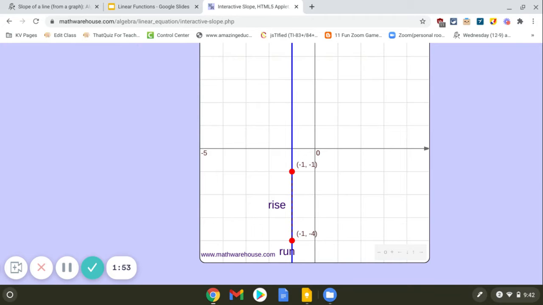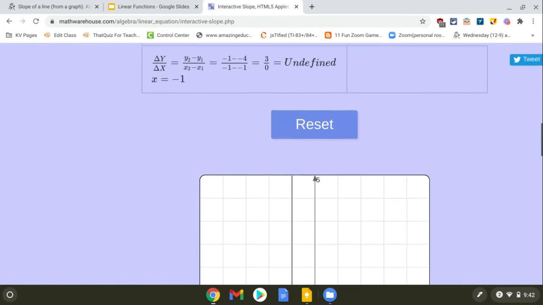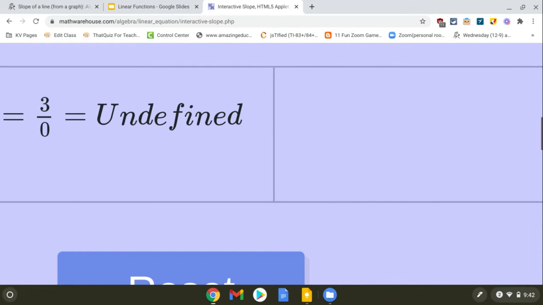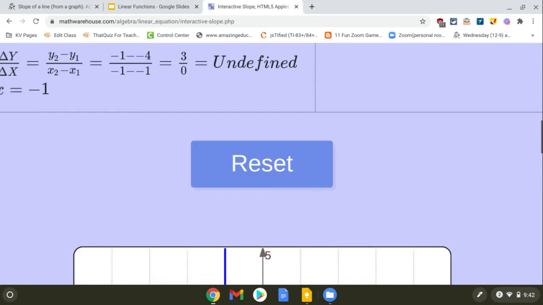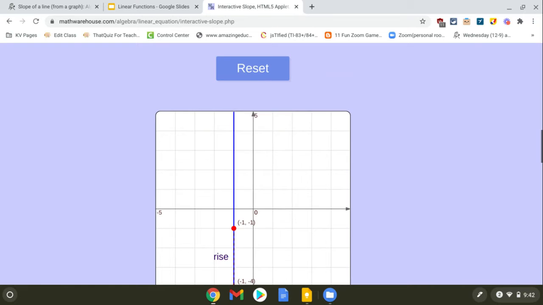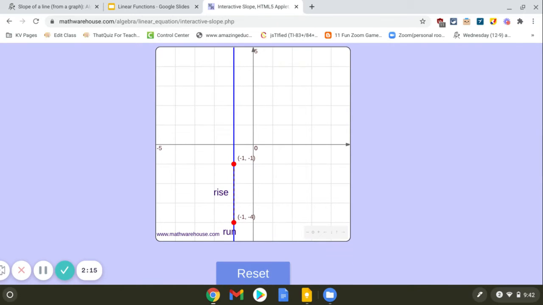So 3 is the top number and 0 is the bottom number. And 3 over 0 is undefined, because right here they're doing 3 divided by 0. You can't do that. So they say it is undefined. The slope of a vertical line is undefined. Always, every time. All right, so that takes care of that.